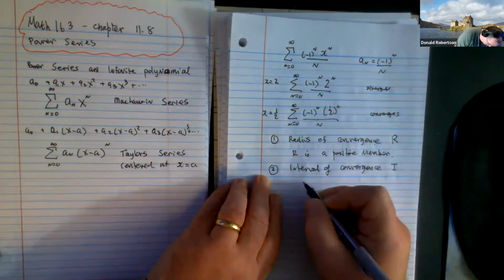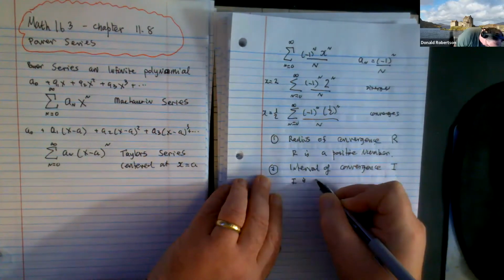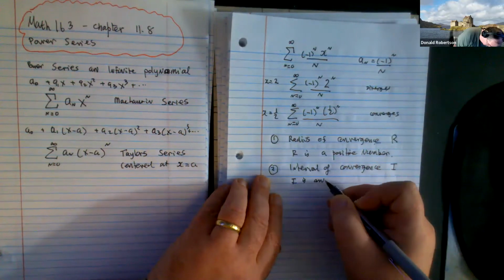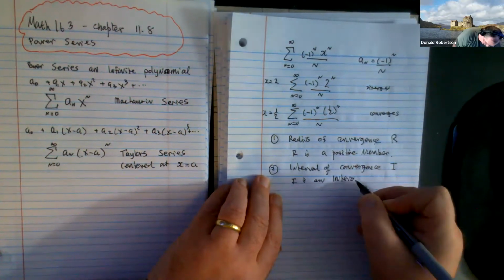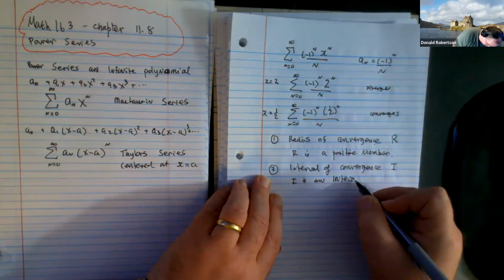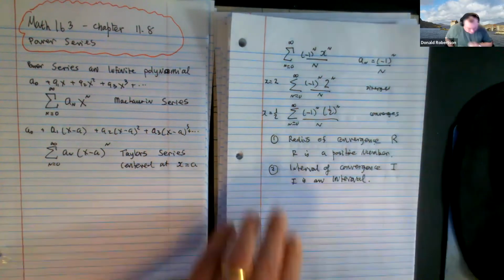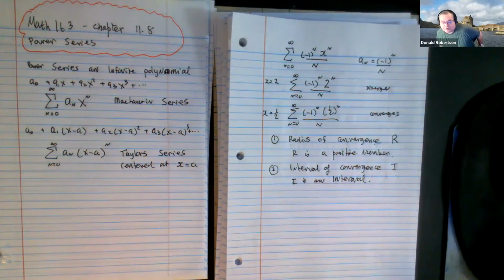I, and I is an interval. So you might have a power series where the radius of convergence is 4 and the interval of convergence is from 0 to 4, right? An interval where as long as X is numbers between 0 and 4, the power series will converge.